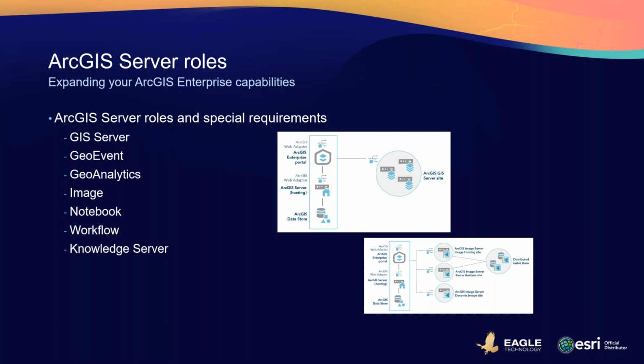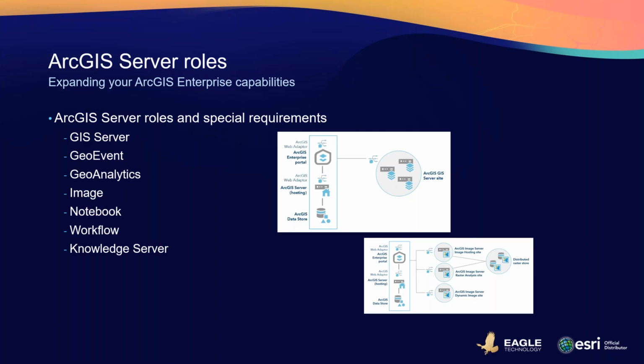GeoEvent is also not compatible with the ArcGIS Web Adapter, so you do need to open extra ports on the firewall. For example, the event manager and REST endpoints use port 6143 for HTTPS traffic. The GeoAnalytics Server has the highest memory requirement of the ArcGIS Server roles, and it has the spatiotemporal data store as a firm requirement.